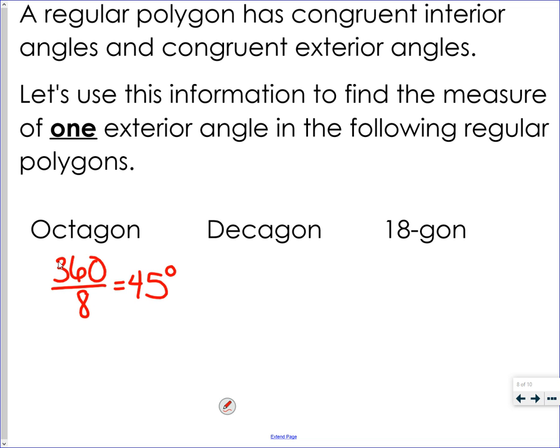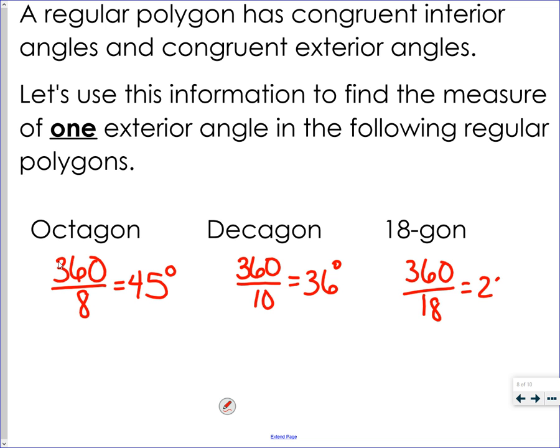A decagon, deca means 10, remember, so we would have 360 divided by 10, which will be 36 degrees. 18gon, I don't have a great name for that, so we're just going to call it an 18gon, so 360 divided by 18 gives me 20 degrees for each exterior angle.